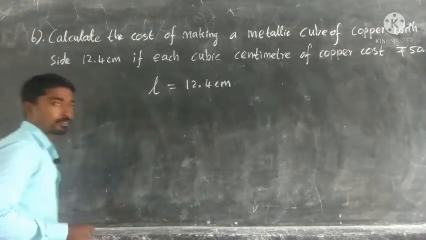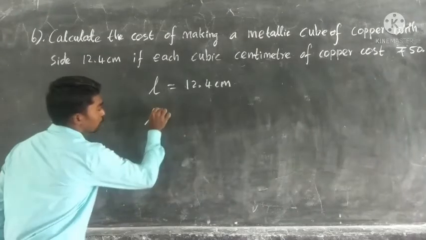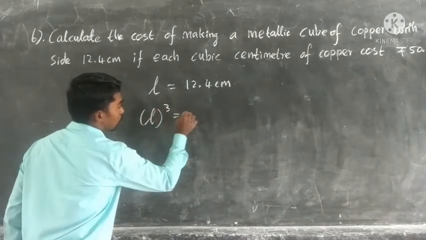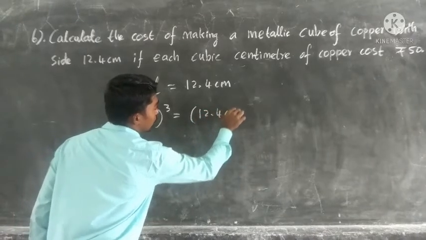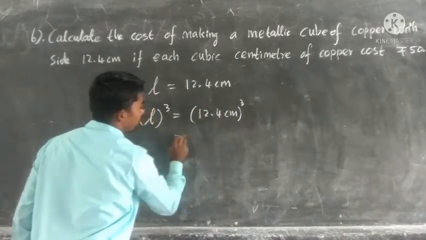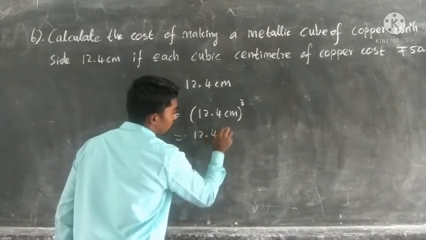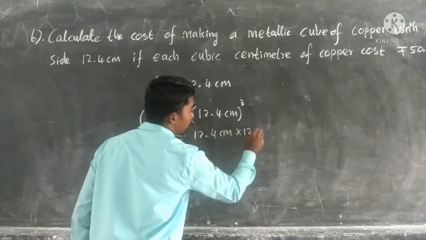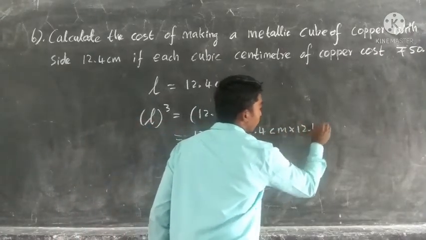We are going to find its volume. So volume of metallic cube is equal to L cube. L cube is equal to 12.4 centimeter cube. Expand it. It will be 12.4 centimeter into 12.4 centimeter into 12.4 centimeter.